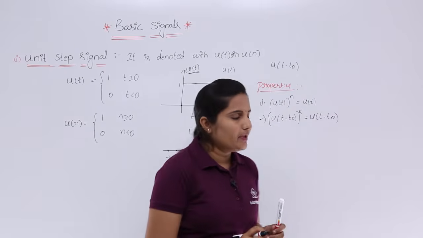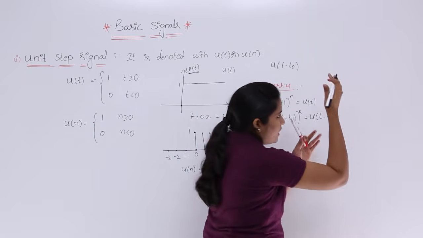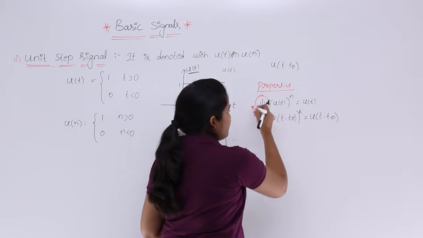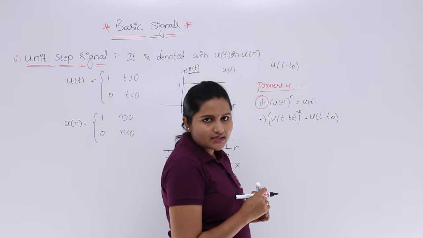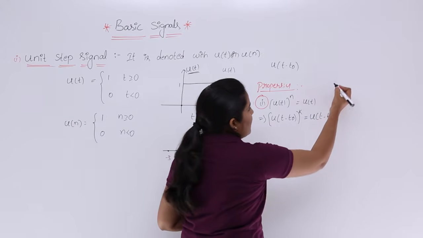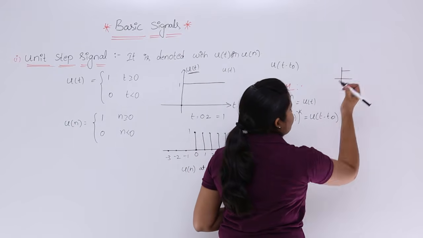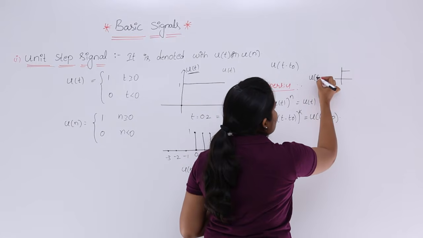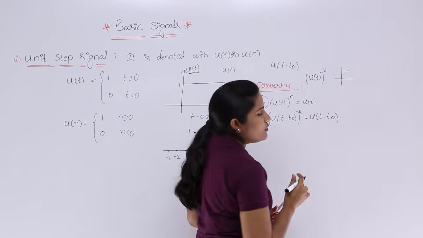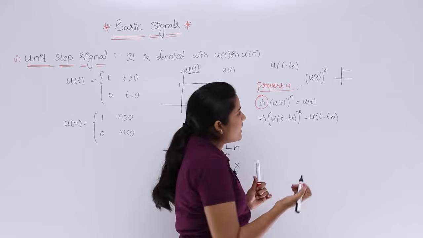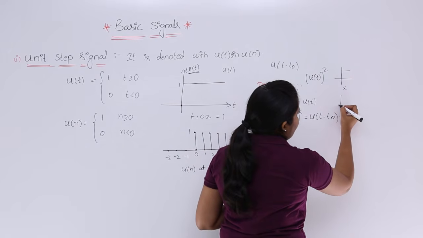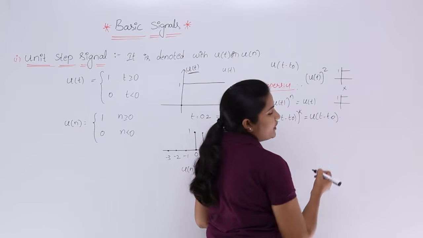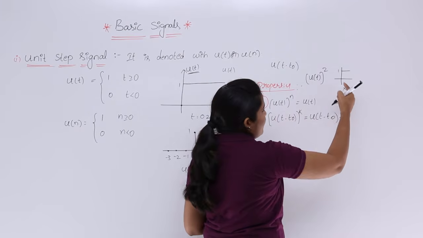For example, I am considering a diagrammatical representation to prove this first property. If you have your u of t and you want to square it, u of t whole square, then you multiply u of t with u of t. Here you have 1 and here you have 1, then 1 into 1 gives you 1 only.